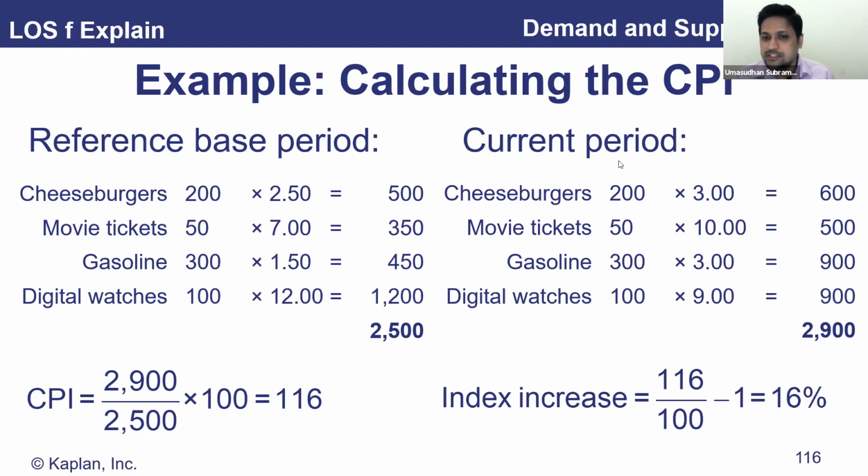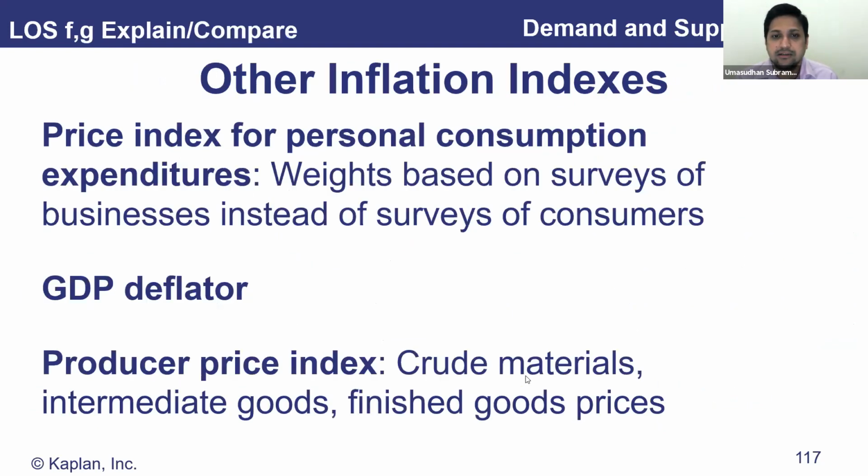For the current period, you use the same weighting, same units, multiply by the current prices. So the current prices times base year units, divided by base year prices times the fixed units, gives you the CPI. And then you calculate inflation based on the CPI index.